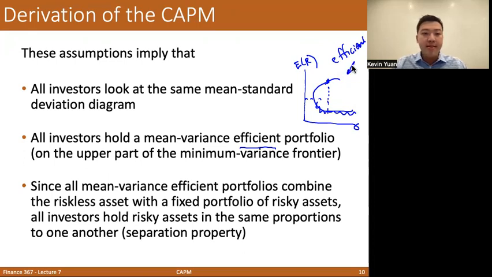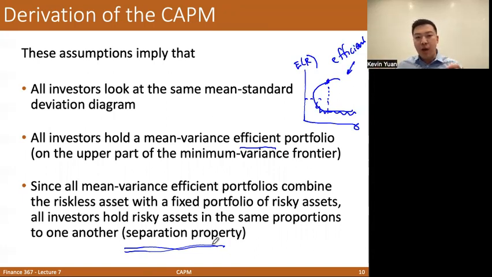Okay, and since all mean variance efficient portfolios combine the riskless asset with a fixed portfolio of risky assets, again, the market portfolio, we refer to this as the separation property, right? Separation in the sense that we first all agree on the mixture of the market portfolio, which is the market cap weighted average of every asset in the economy.